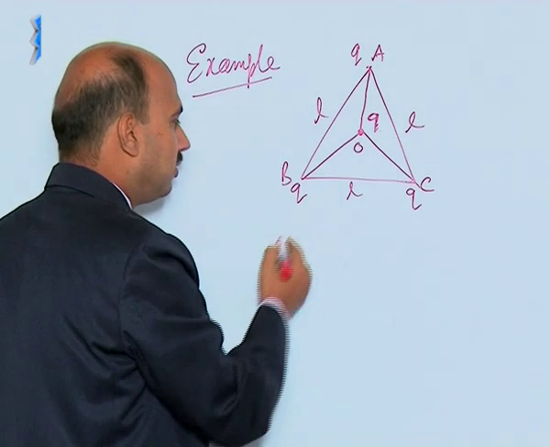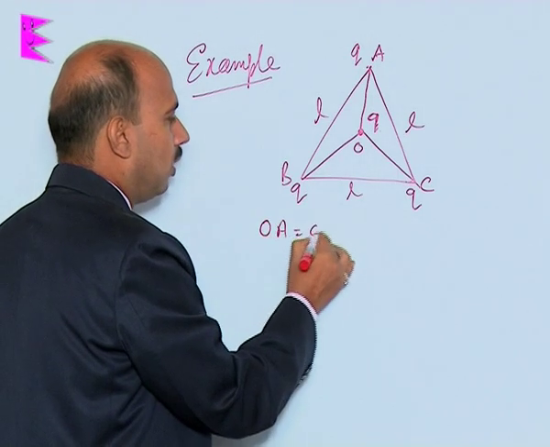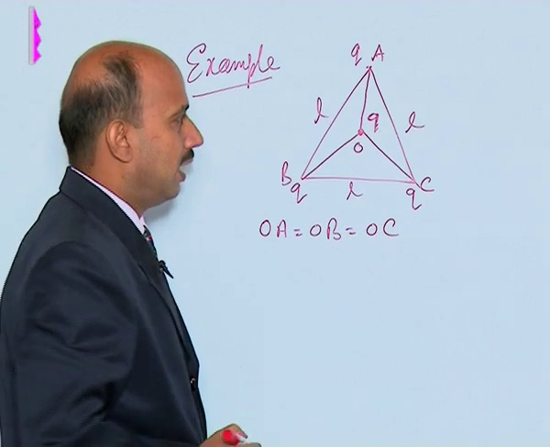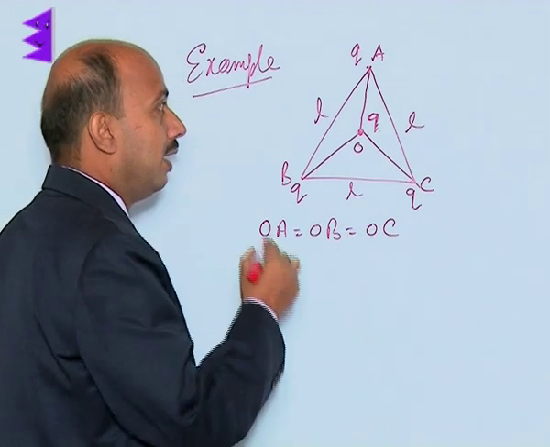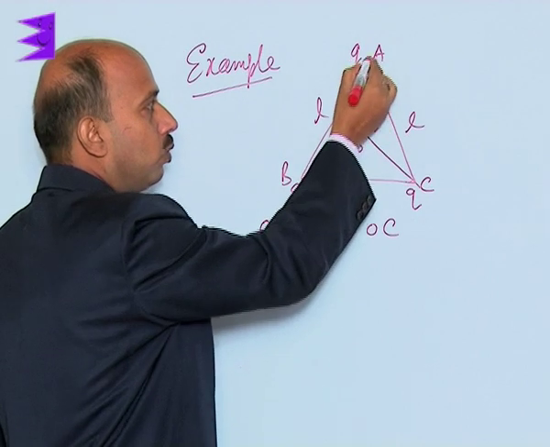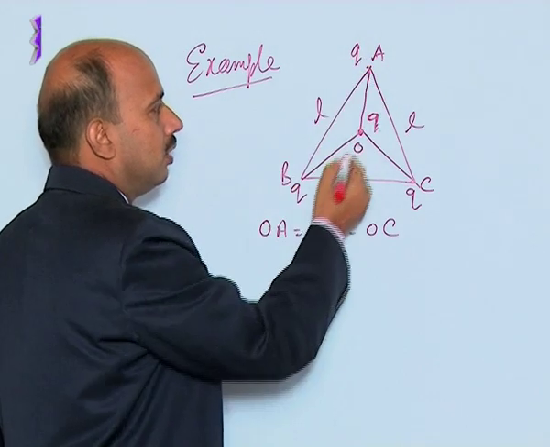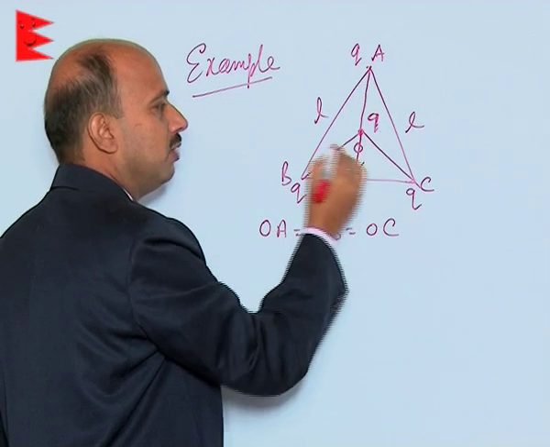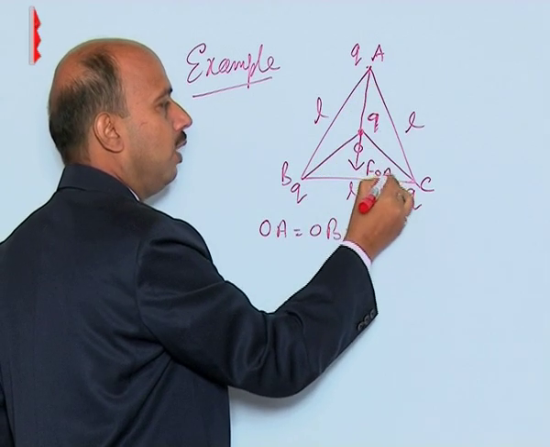Now we know here in this triangle OA is equal to OB is equal to OC, the triangle is equilateral, and now force on O due to A can be written here. This is positive and this is positive, so that is the repulsive force here, that is FOA.